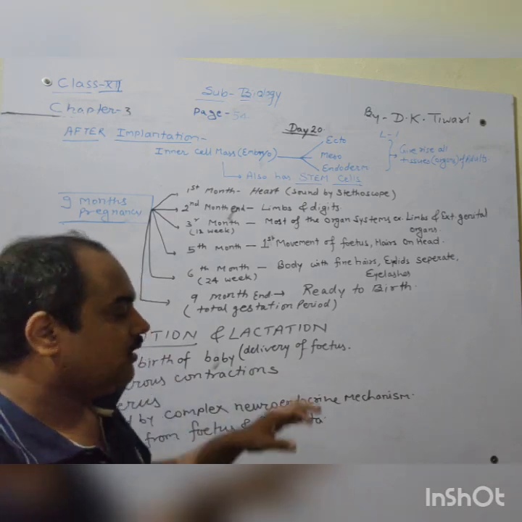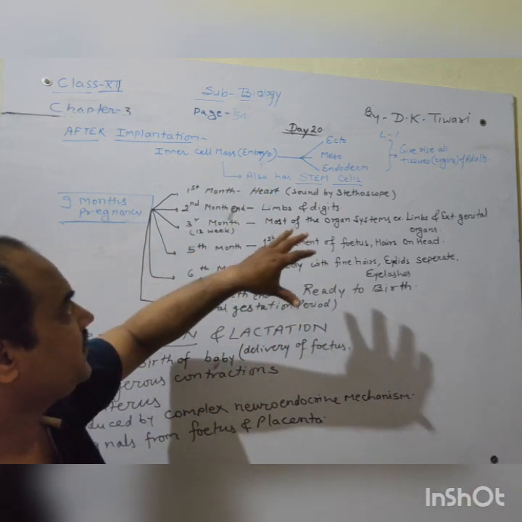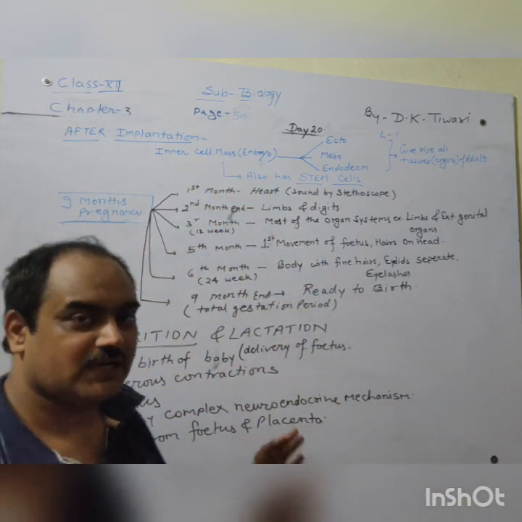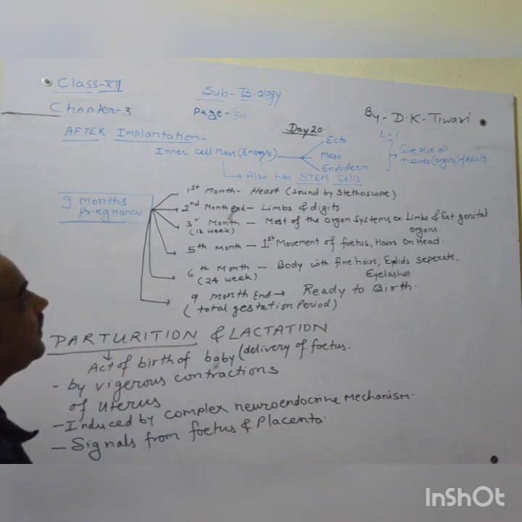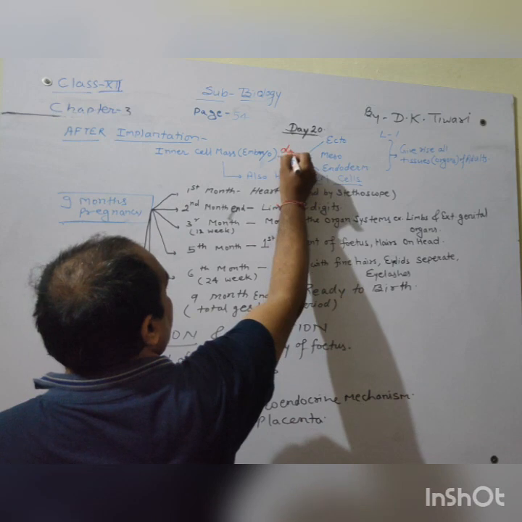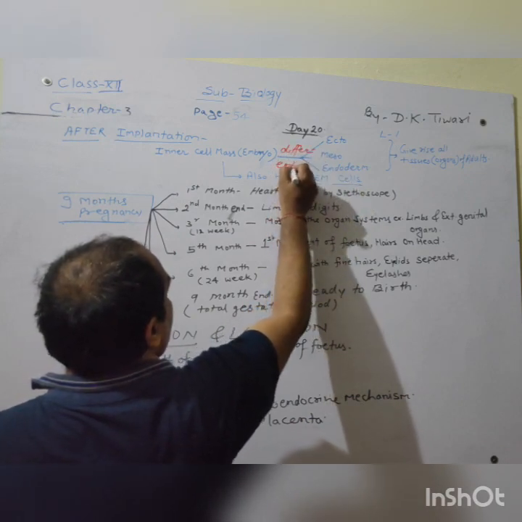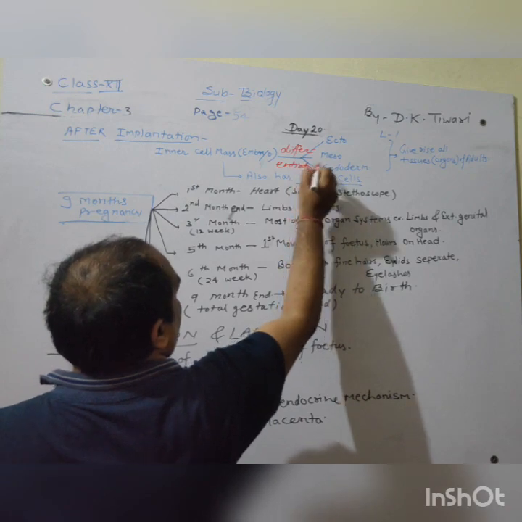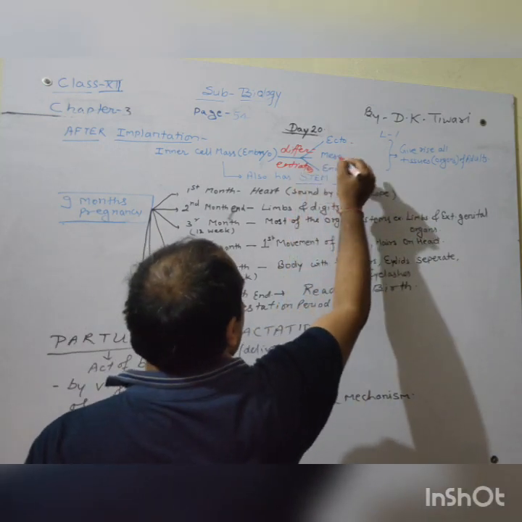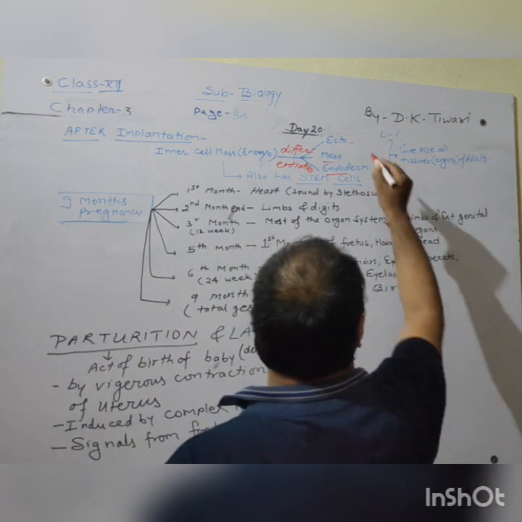The inner cell mass, where division was taking place and embryonic development was going on, now differentiates into ectoderm, mesoderm and endoderm. Three germinal layers are made.